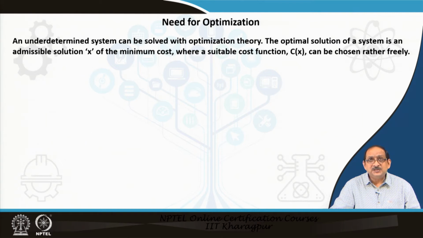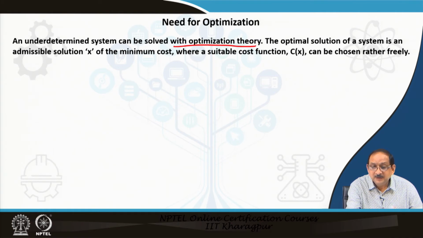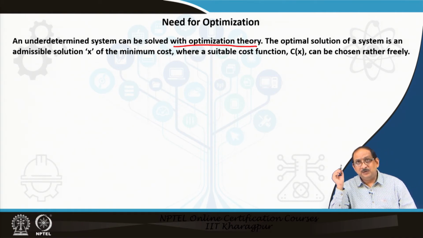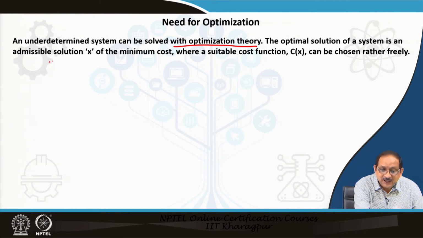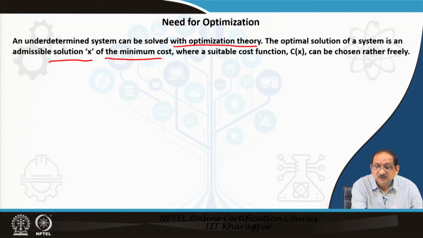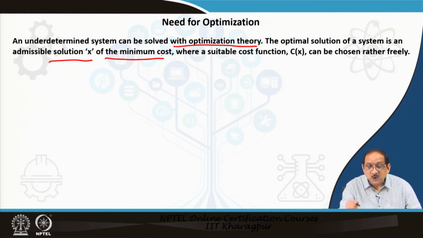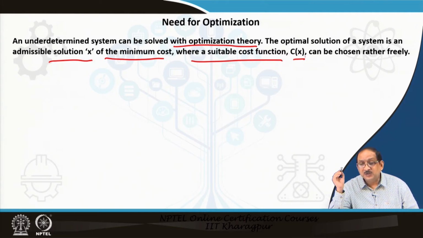An underdetermined system can be solved with optimization theory. The optimal solution of a system is an admissible solution x of the minimum cost, where a suitable cost function C(x) can be chosen rather freely.